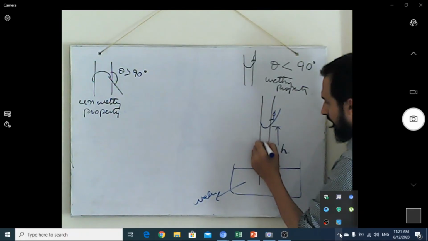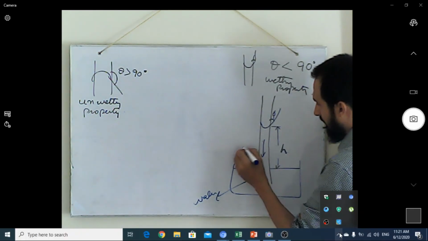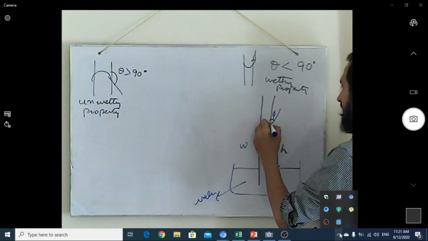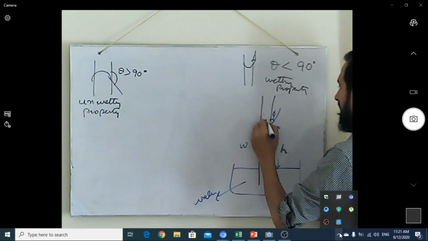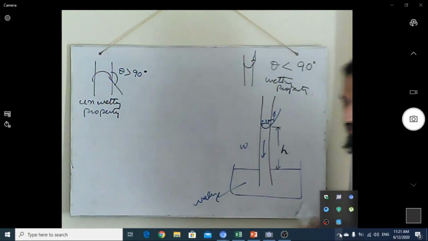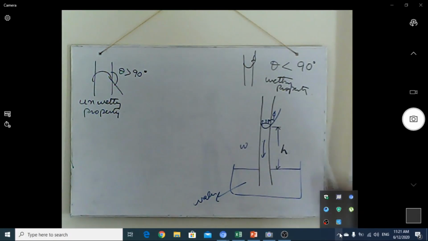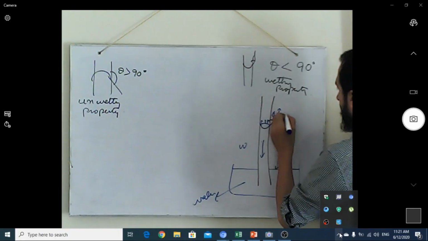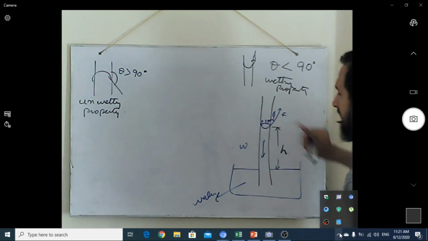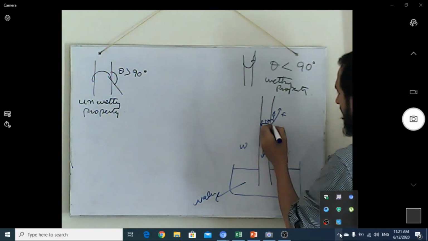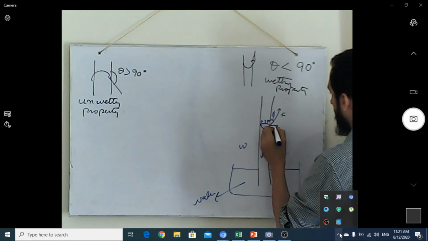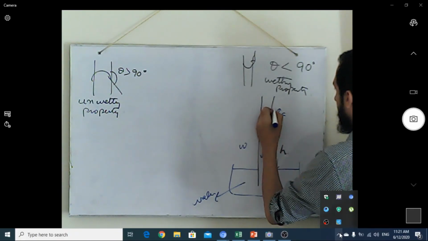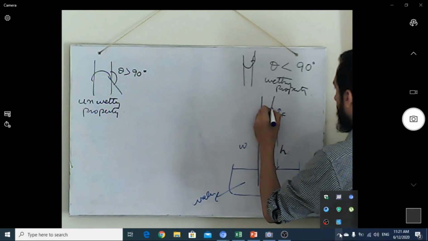The weight of the whole liquid acts downward, and at the circumference of the tube, it is only the surface tension which is holding it at that particular height. So this is the force which has this direction, although if we resolve it into two components, one will be this component and the second will be this component.